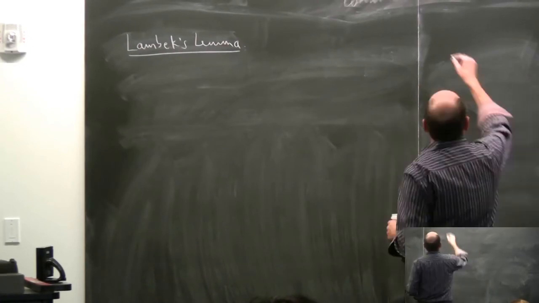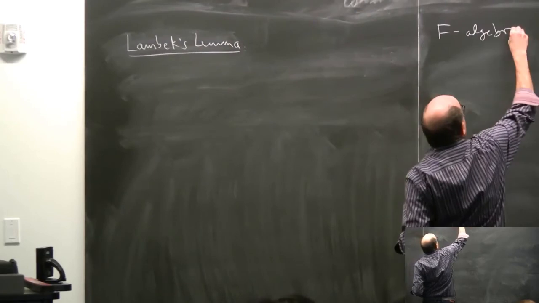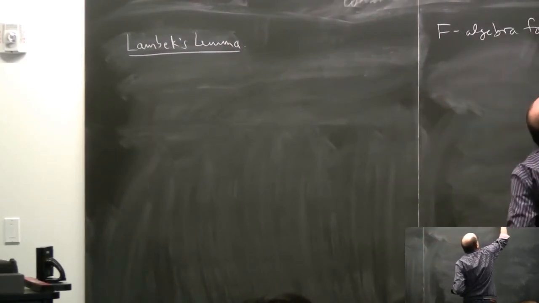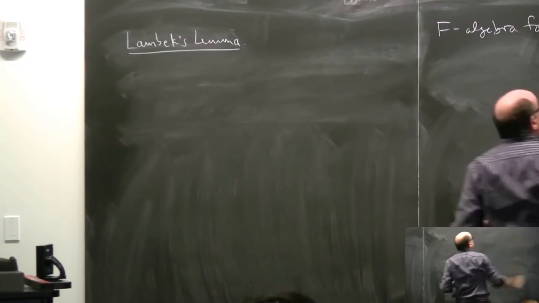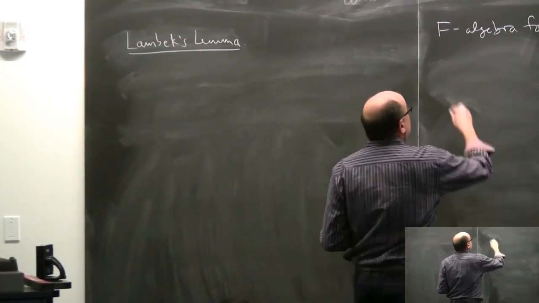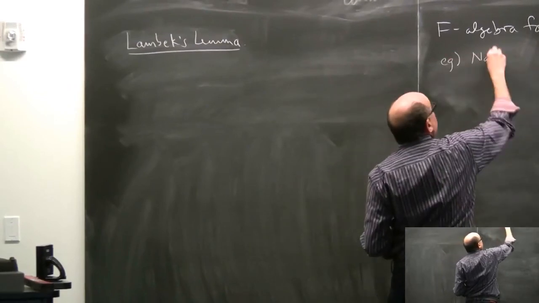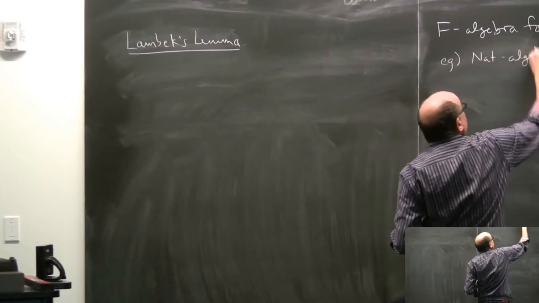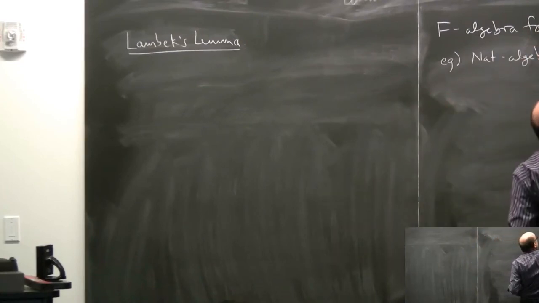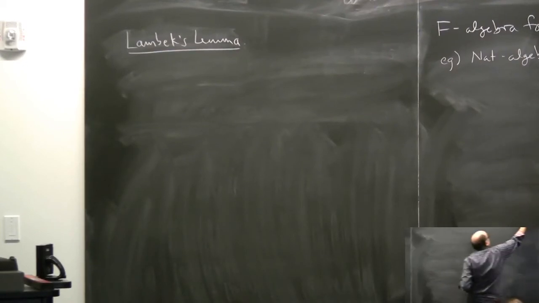Here's what I want to do. I want to have the notion of an F algebra for a functor F on some category. So a NAT algebra is a 1 plus blank algebra in this general setting.